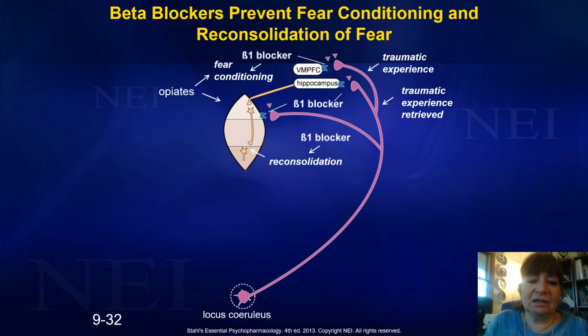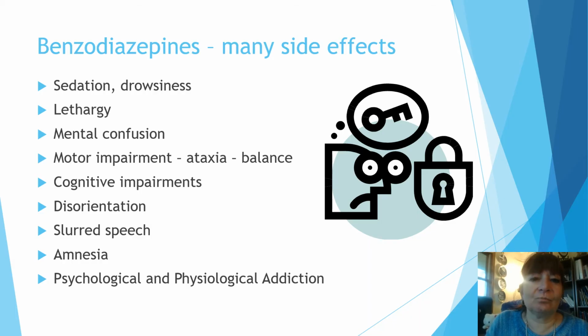So here we see we are administering a beta blocker, and that is able to knock out the fear conditioning and reconsolidation. It's also believed that opiates can do this as well, resulting in the fear response being extinguished.